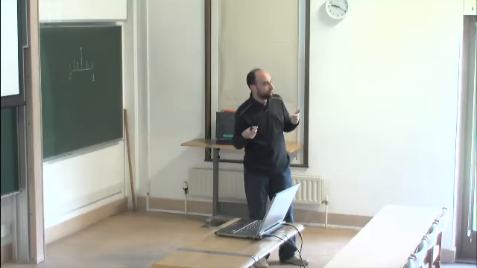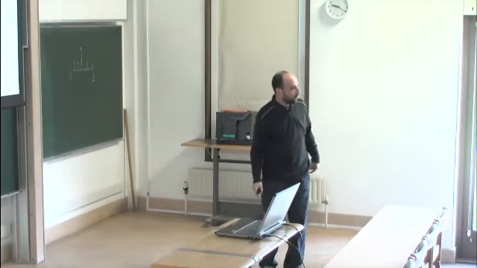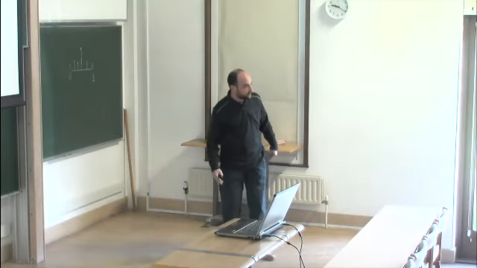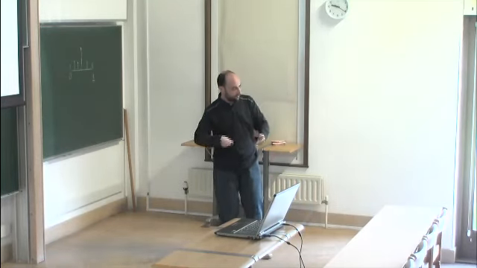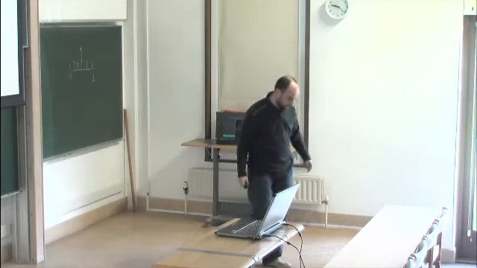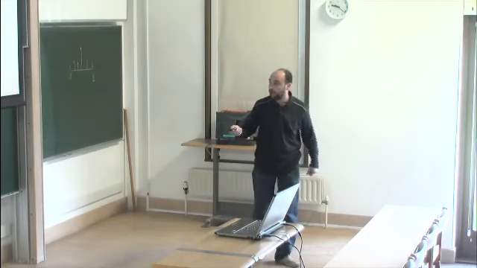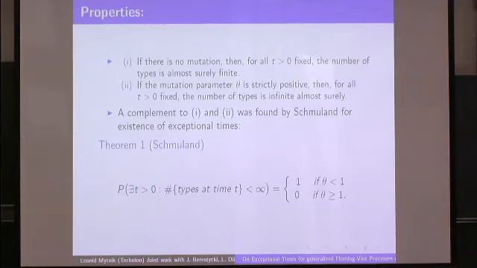You have a generator for such a process, and there is a nice Dirichlet form description of this. And from this, you can derive this theorem. In fact, our method will be completely different.